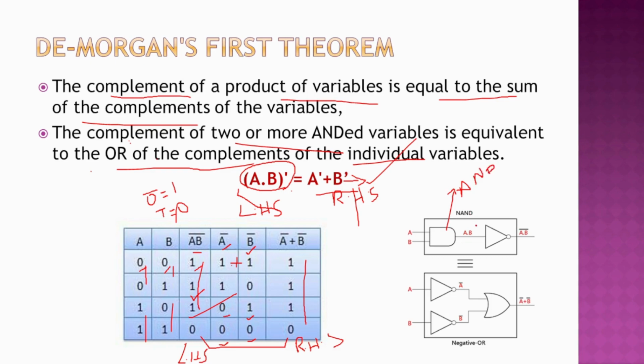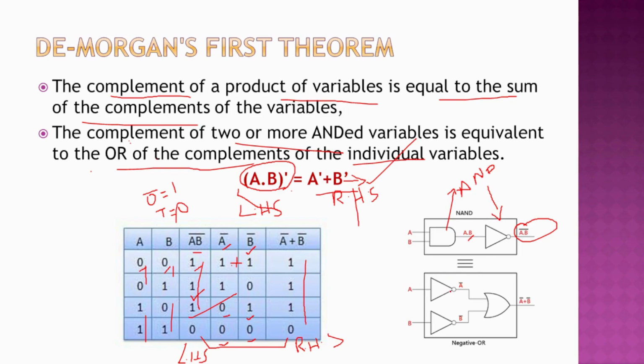This is A dot B. You need to complement this A dot B to get (A dot B) the whole dash. That's why you need to connect the AND gate with the NOT gate. This is the LHS value, (A dot B) the whole dash or the whole bar. It is equivalent to A dash plus B dash.